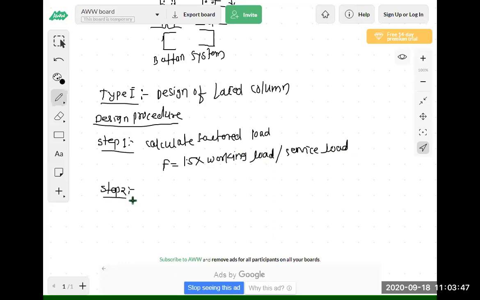Then step 2, calculate area required. So A required is equal to F divided by FCD.